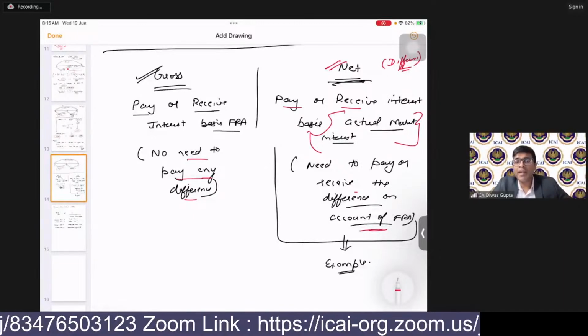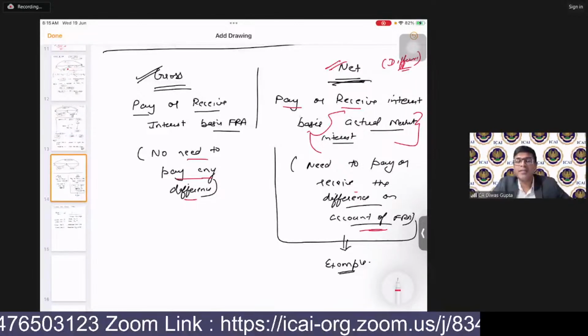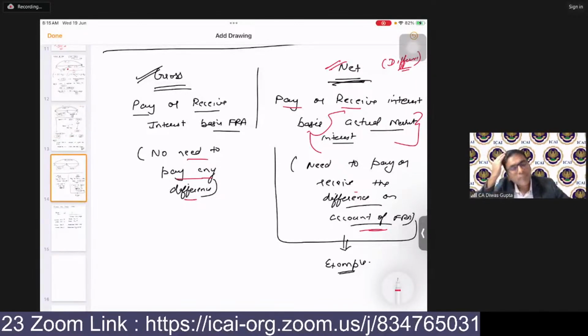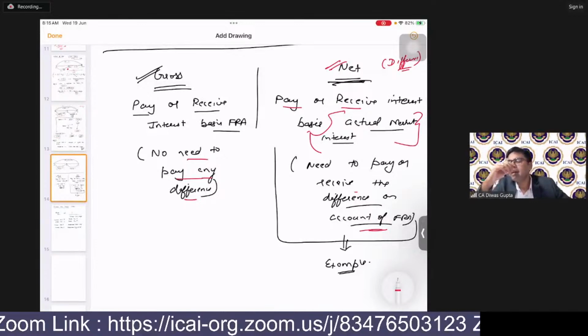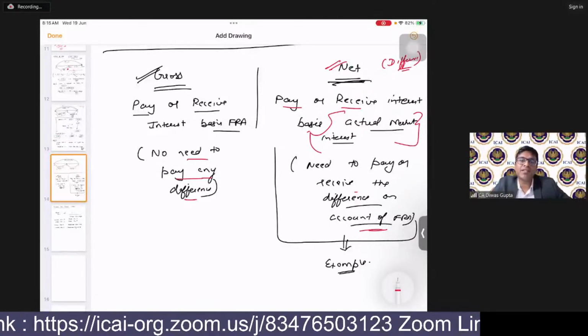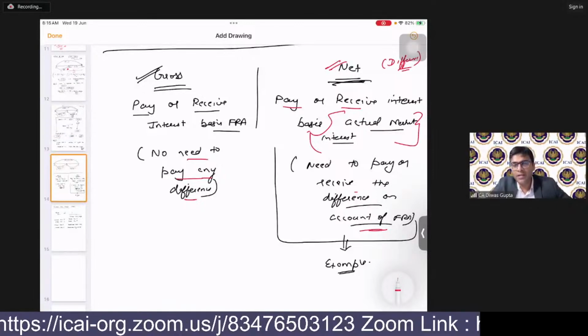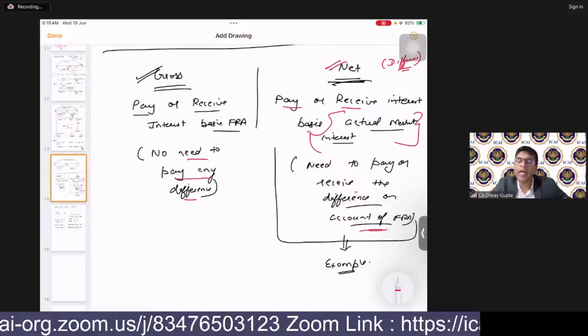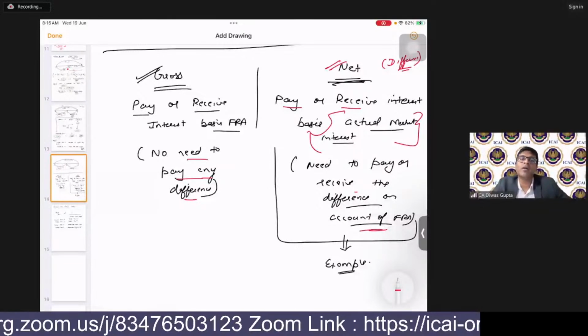The process of management of this interest rate risk, we were calling it as the hedging part, right? And how are we going to do that hedging? There were two broad ways, traditional and modern. In traditional, we have discussed about the asset liability management and forward rate agreement.